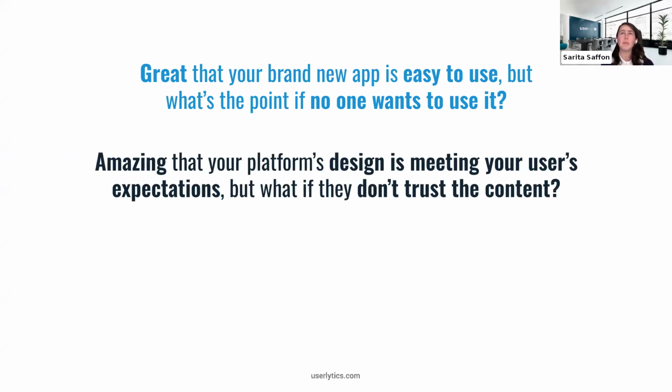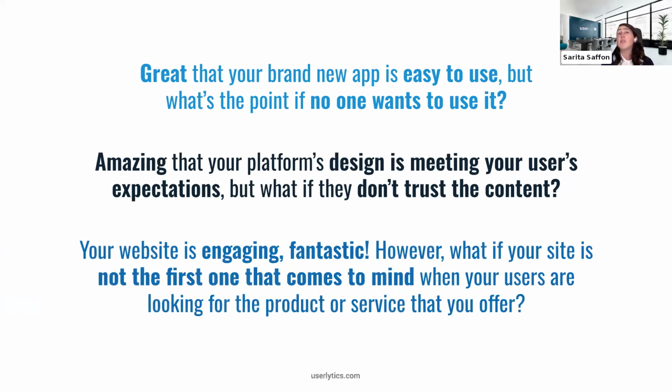It's amazing that your platform design is meeting user expectations, but if they don't trust the content, they're not going to have a very good user experience. And it is amazing that it's engaging, but if it's not top of mind when they need that service, they're not going to actually enjoy that engaging website.